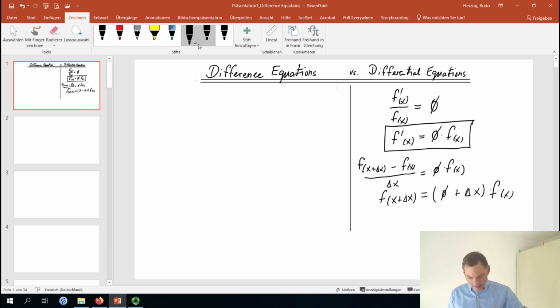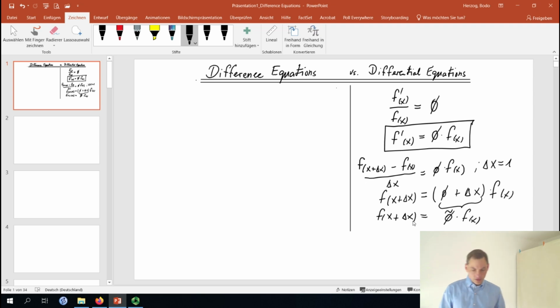So this delta x is, for instance, an interval. Suppose the length is 1. Then phi is a constant, delta x is a constant, so this is a new constant. Let me relabel this as phi tilde. So phi tilde times f of x.